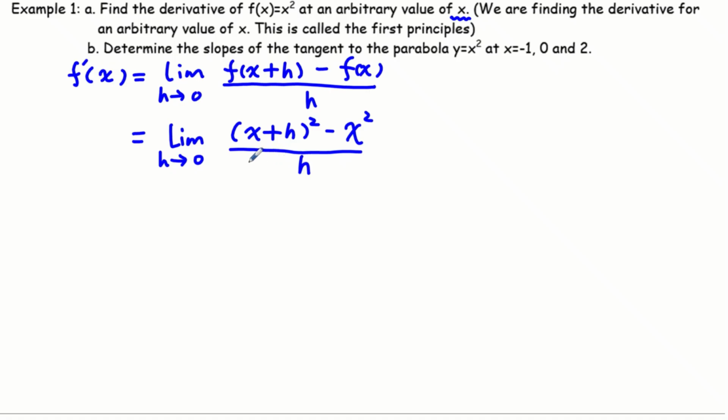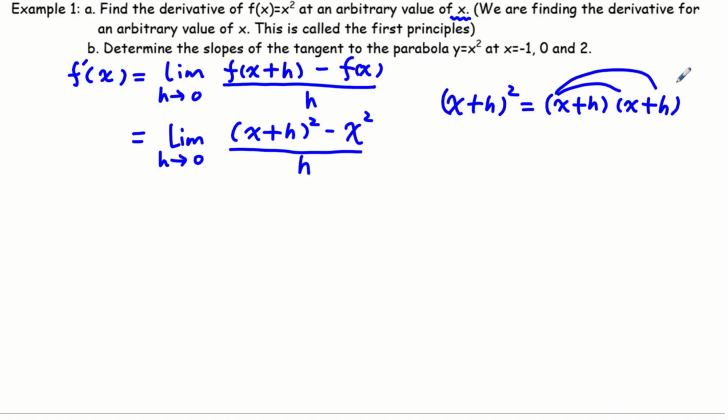Then we expand x plus h squared, which represents the base times itself twice. So x plus h times x plus h. You could use the perfect square formula, or you could just use the first term times each term in the second bracket, then the second term times each term in the second bracket.